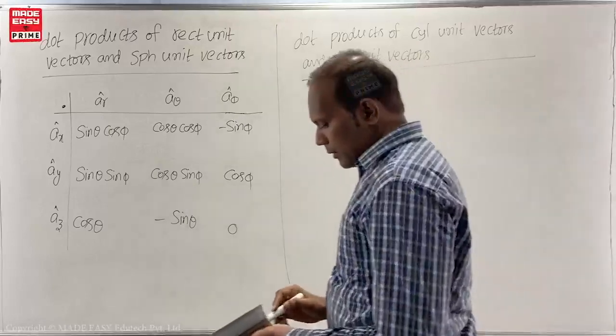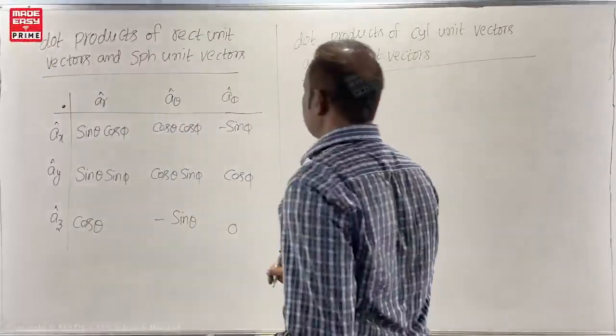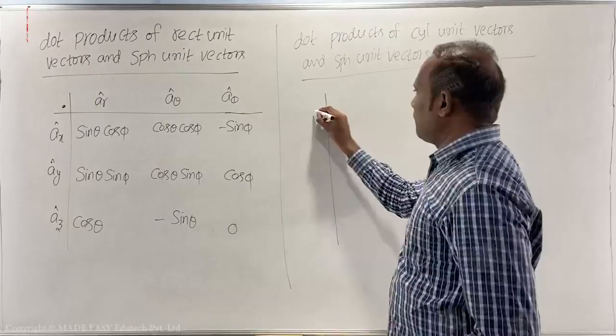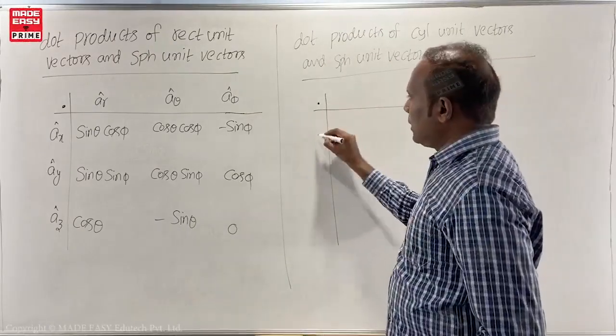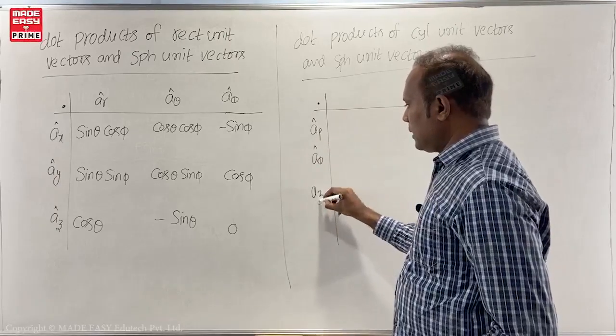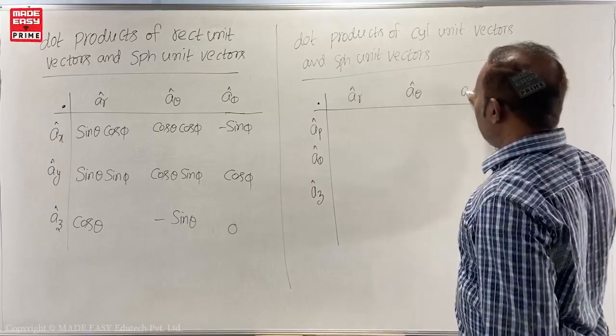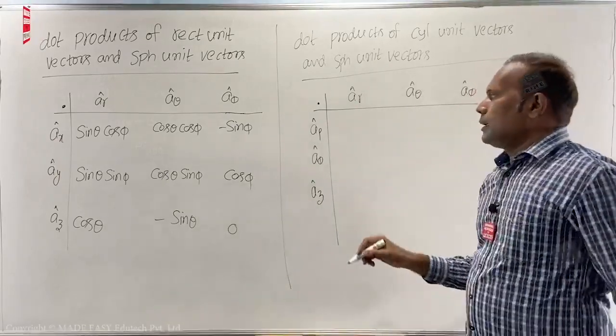Okay, so in this case you will be getting here cylindrical system, no? A rho, A phi, A z. Spherical system is AR, A theta, A phi.